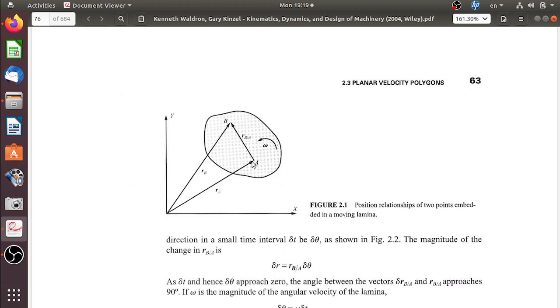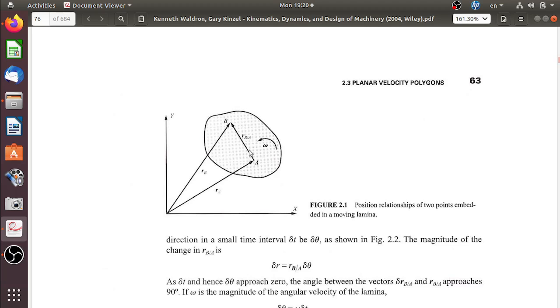Now, with respect to time, if this body moves, then the position of point A could change and the position of point B could change. Which means RA is going to be a function of time and RB is going to be a function of time.